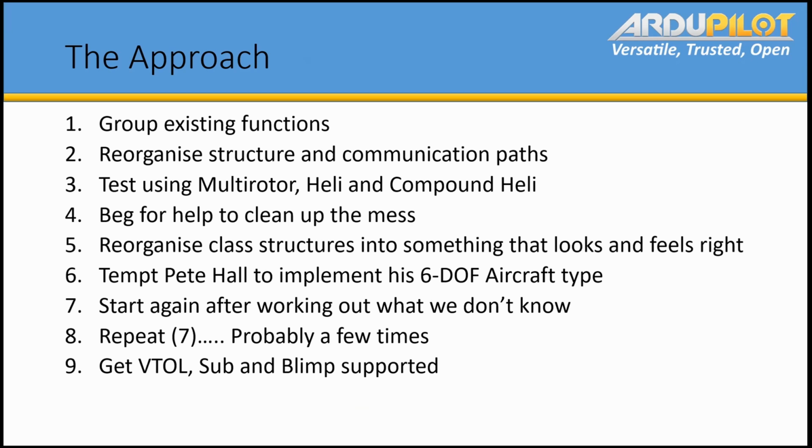And the acceleration controller of the vertical has moved in there. So that fast loop. We also don't directly call the rate loops in the attitude controller anymore. We call the fast loops in the extension to the position controller that then, as part of that, calls the fast rate loops. We currently got that flying on multi-rotor heli, and Bill's doing a compound heli, which has got forward thrusters, right? So those are sort of our 3 test cases.